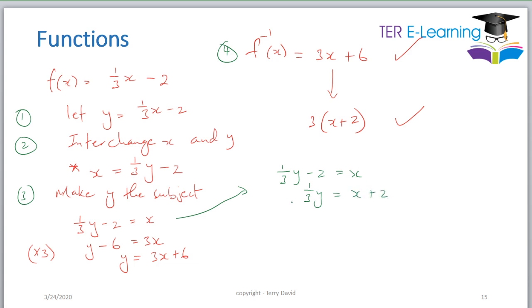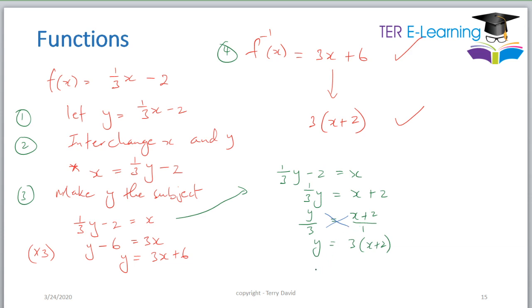Now, 1/3 y is the same as saying y over 3, which is equal to x plus 2. But you want to make y the subject of the formula. So I can write the x plus 2 as x plus 2 over 1. And then what I can do is just cross multiply. And if you cross multiply, you're going to end up with y is equal to 3 multiplied by x plus 2.